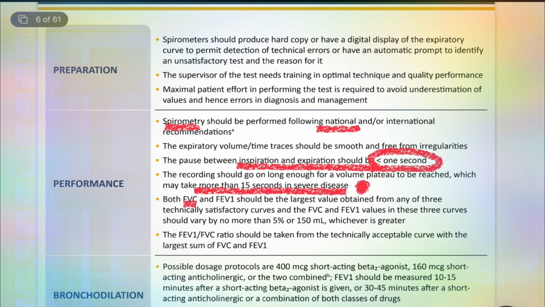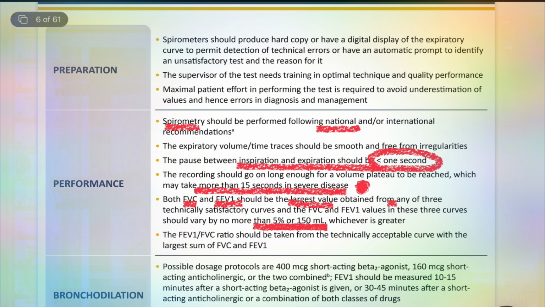Both FVC and FEV1 should be the largest value obtained from any of three technically satisfactory curves, and the FVC and FEV1 values in these three curves should vary by no more than 5% or 150 ml.